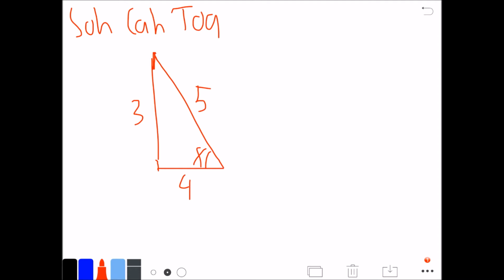So if I asked you what was the sine of angle X, what would this relationship be? How would you answer me? So first, you have to remember that sine correlates to opposite over hypotenuse. So in this angle X right here, what side would be opposite? Well, it would be 3 over here, so it's 3. And where would the hypotenuse be? It would be where it correlates to the 90-degree angle, so that'd be 5, 3 over 5.